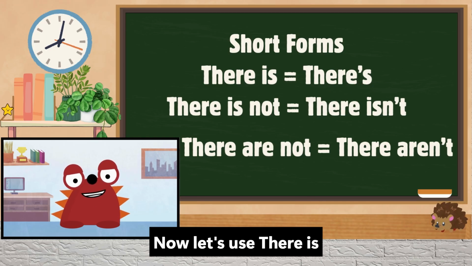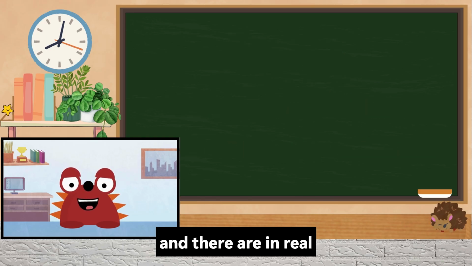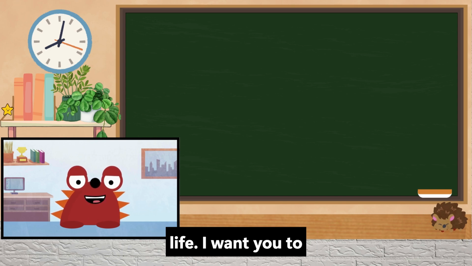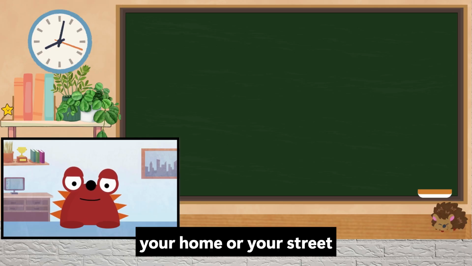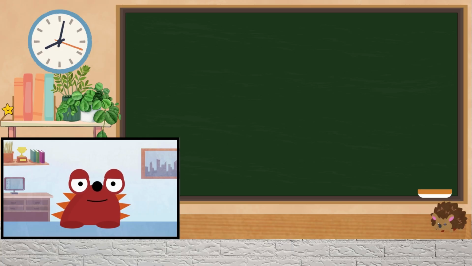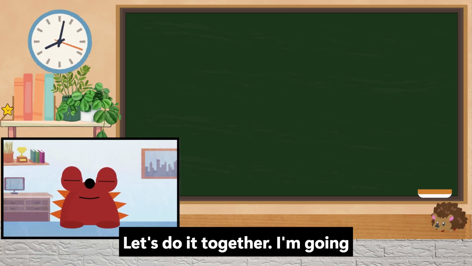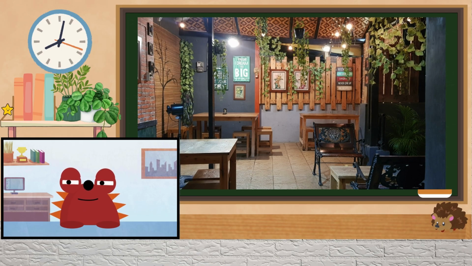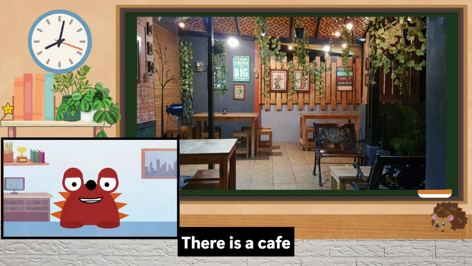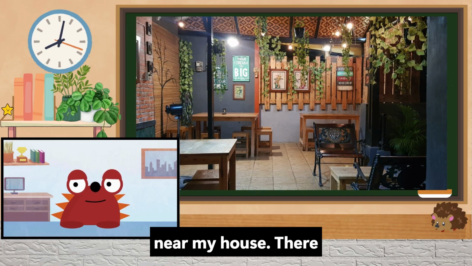Now, let's use there is and there are in real life. I want you to imagine a place, maybe your home or your street or your town. Let's do it together. I'm going to describe a cafe. There is a cafe near my house.